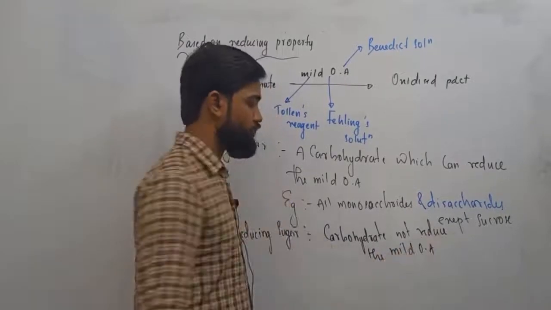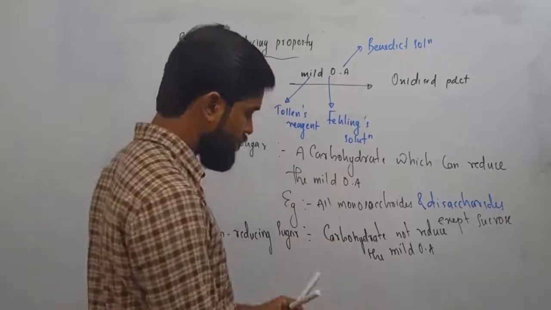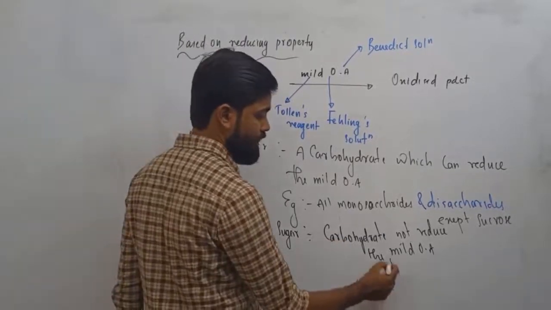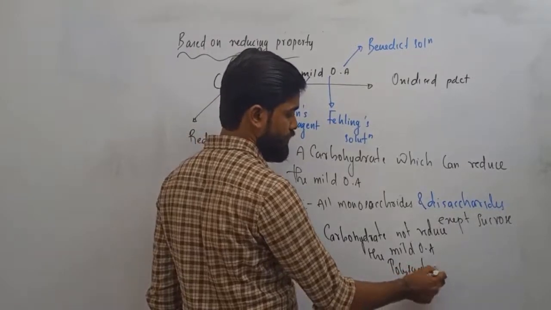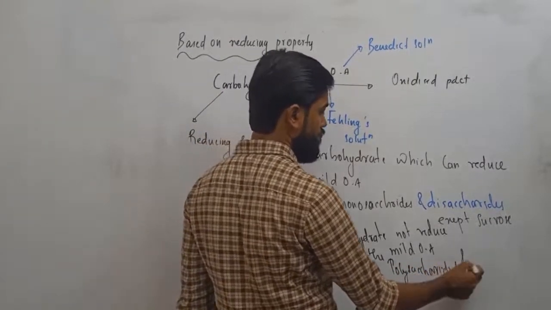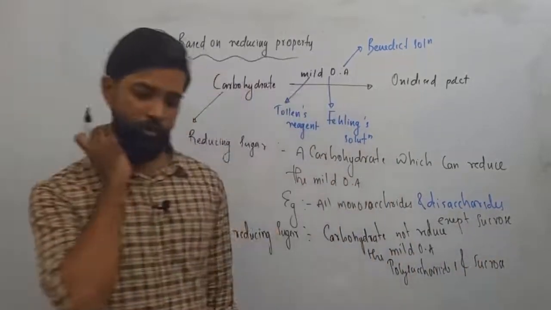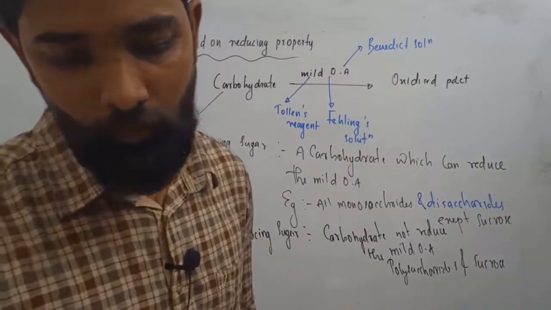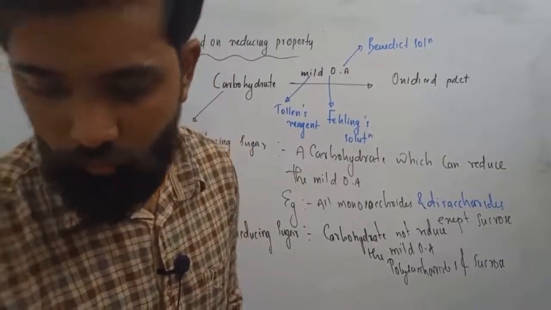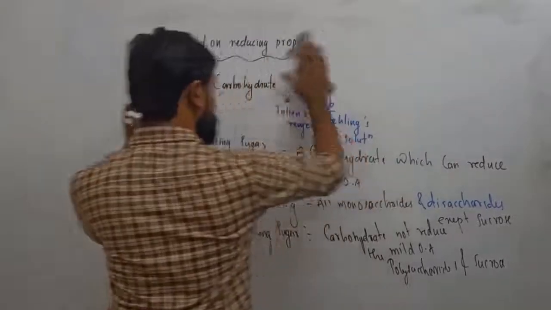That is said to be a non-reducing sugar. Examples are polysaccharides, and among disaccharides, sucrose is not a reducing sugar, so it belongs to the non-reducing sugars. Clear?